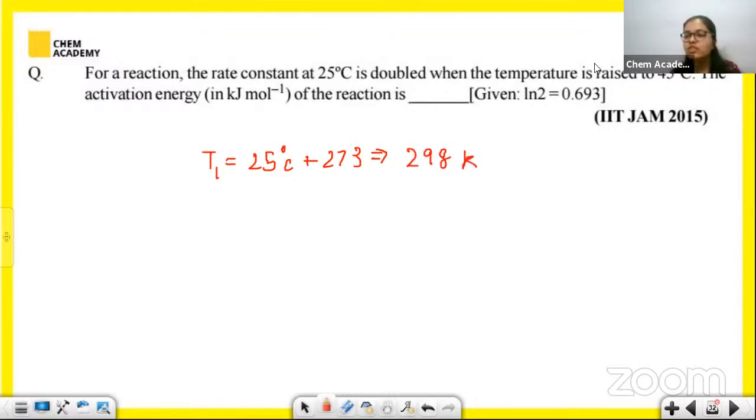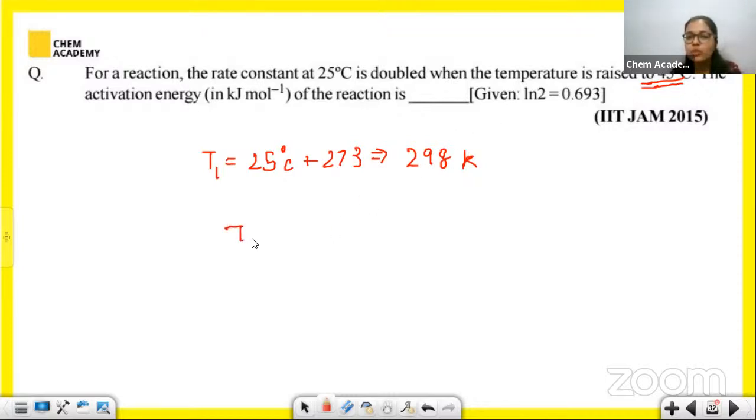It says that the temperature is raised to 45 degrees Celsius. It is not saying raised by. You will have to be very careful when it says by and when it says to. Here it is not by, it is to. So actually the change in temperature is only 20 degrees.